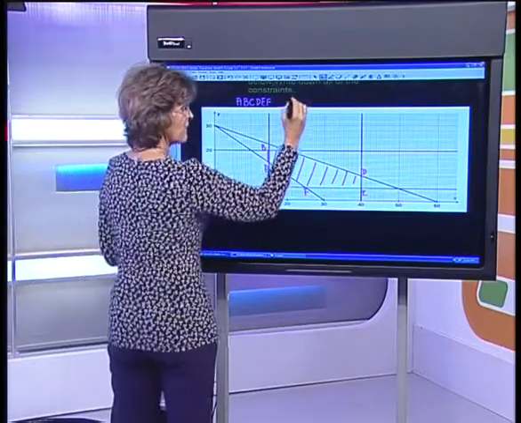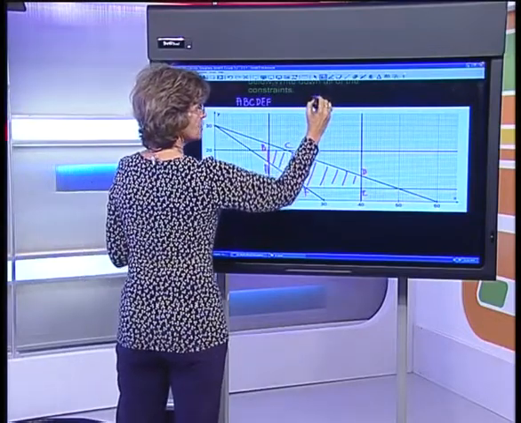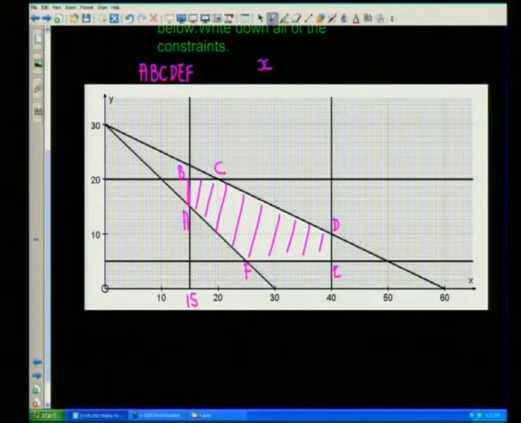So literally my first constraint is going to be about a vertical line, and X is to the right of it, so X is greater than or equal to 15. Okay? So that is my constraint running along from A to B. Right, now I'm going to go from B across to C.